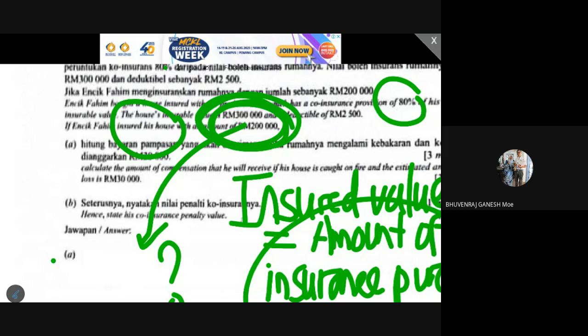No, first I'm asking what does this value represent?